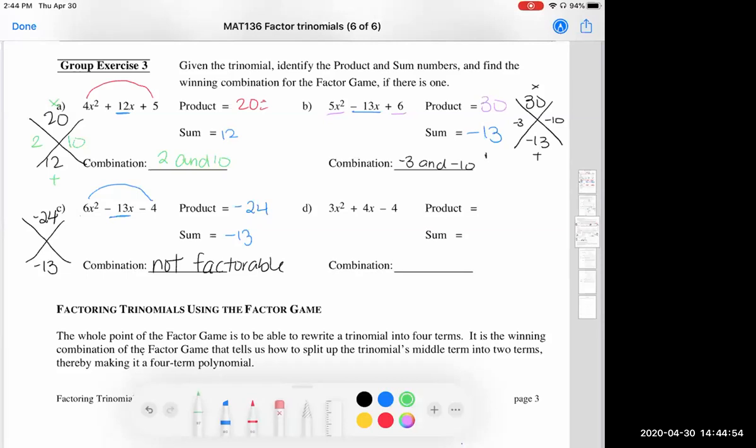Let's do 3 times negative 4, which gives me negative 12, and my middle number is 4. So what numbers multiply to give me negative 12, but add to give me 4?